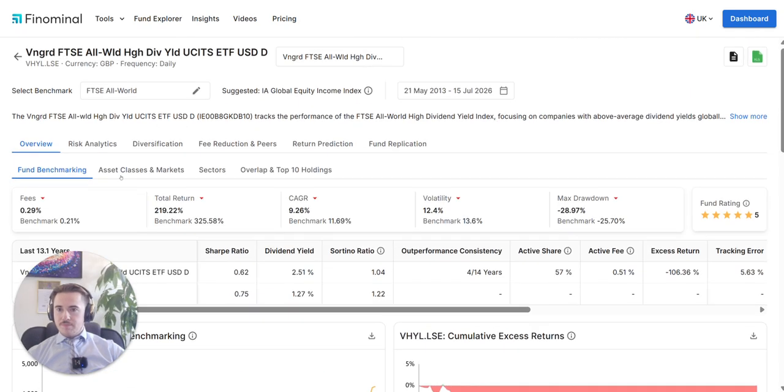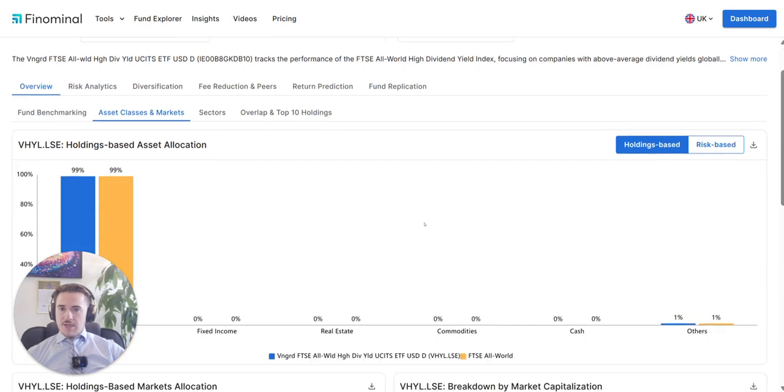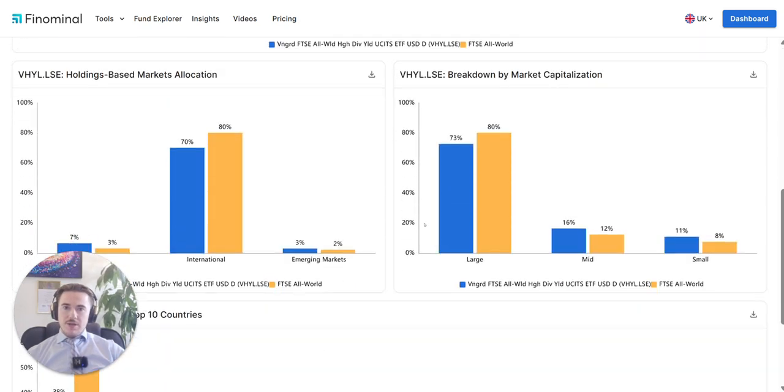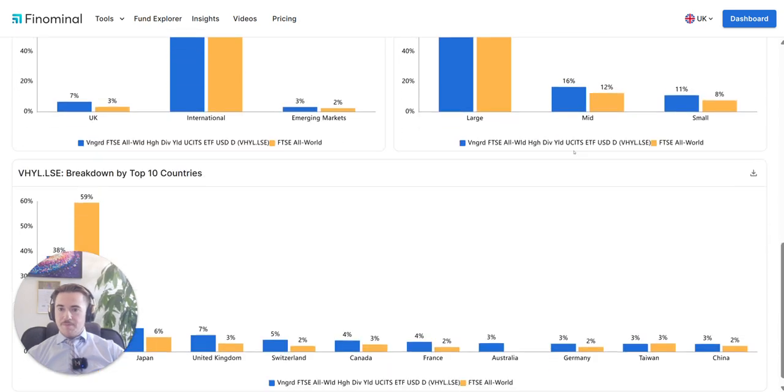Let's head over now to asset classes and markets, where, as the initial overview we saw noted, the majority is in large cap at 73%, as well as mid at 16%, and then the residual amount in small cap at 11%. Relatively comparable to the benchmark as well, with similar market cap splits there.